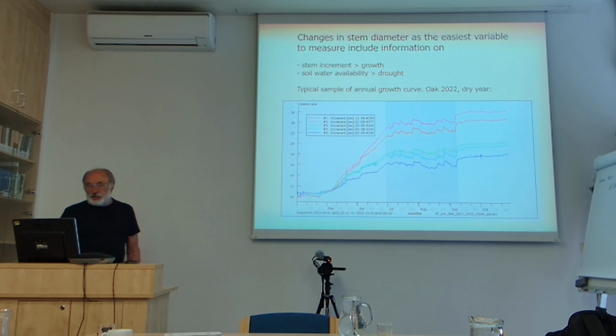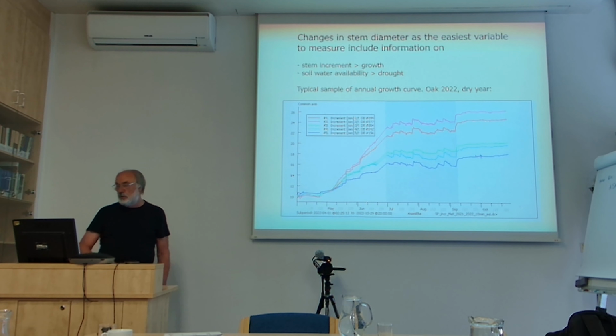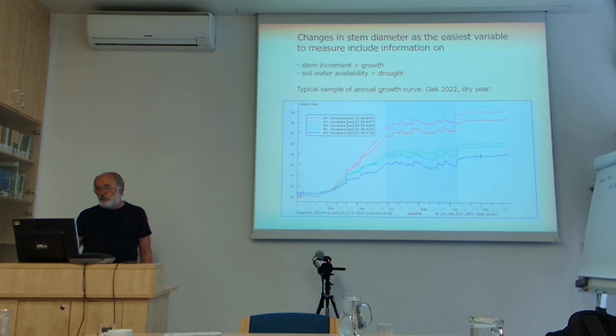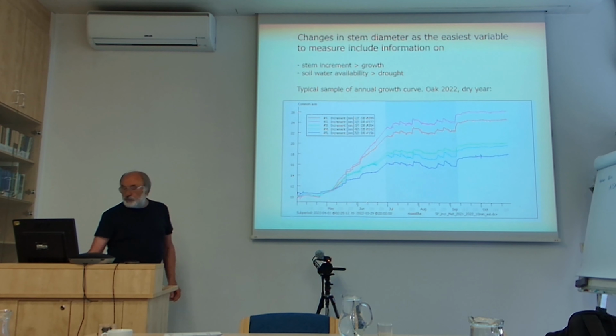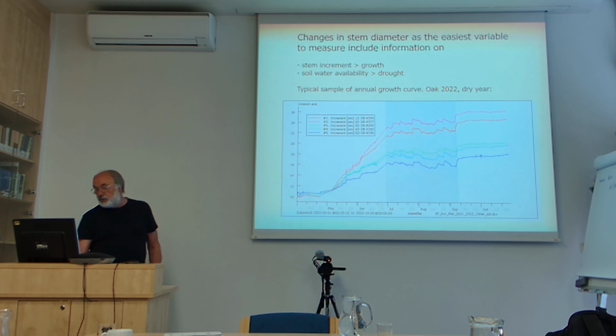This picture shows real data of oak, the annual curve of oak. On this axis it's simply the time, it's a growing season. These are the millimeters. And probably you know that the growing curve should be quite smooth.